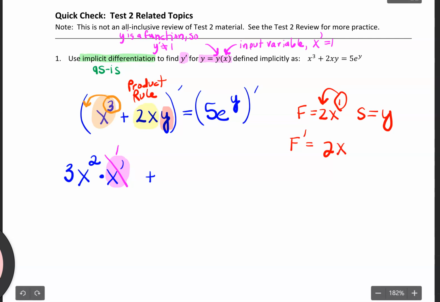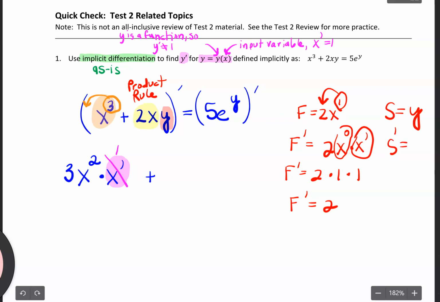I rewrite the base, decrease the exponent by 1, and then tack on the derivative of the base. But x to the 0 power is going to be 1, and x prime is also going to be 1, so the derivative of the first term is just 2. And looking at the second term, when I take the derivative of y, it's just going to be recorded as y prime, and y is a function, so it does not cash in for a 1.